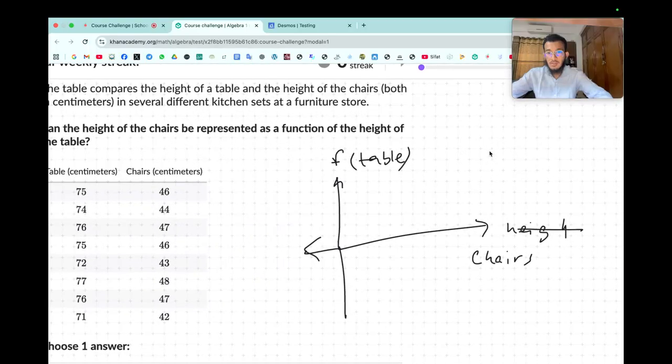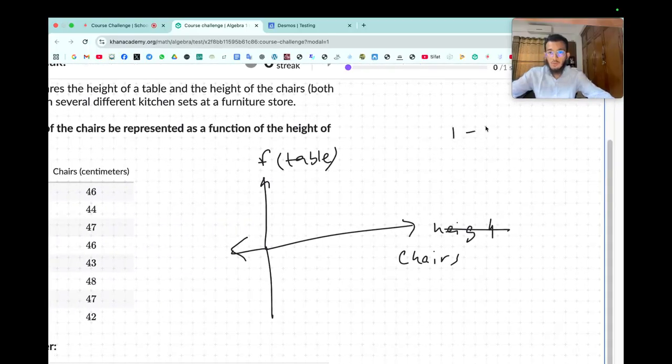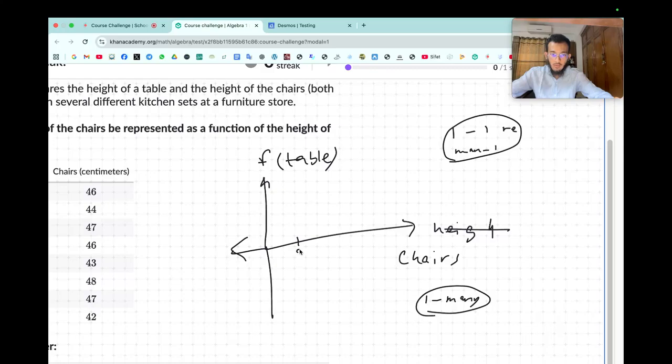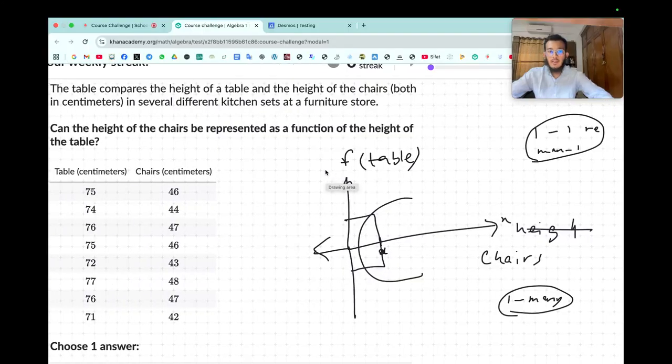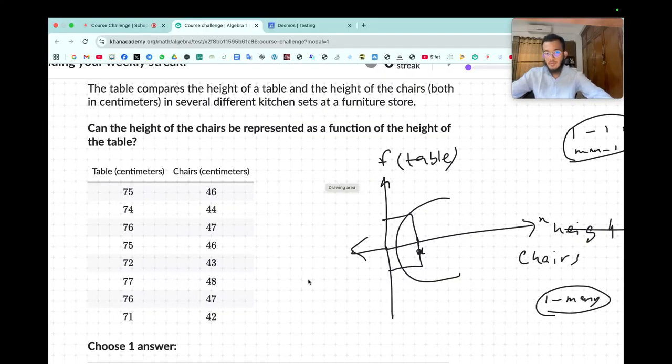So we know that a function is defined for a one-to-one or many-to-one relationship. But if we find a one-to-many relationship, which means for one value of x we have multiple values of y, then this relationship cannot be represented as a function, because a function is not defined for a one-to-many relationship.